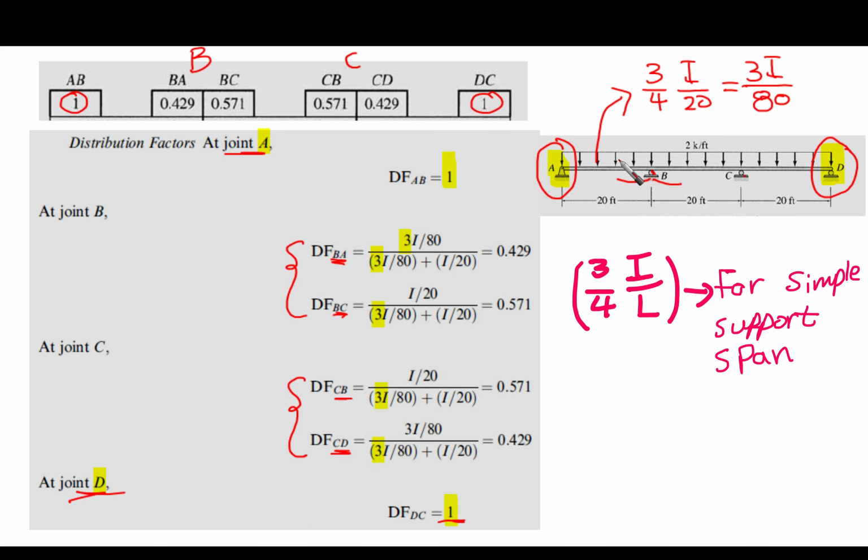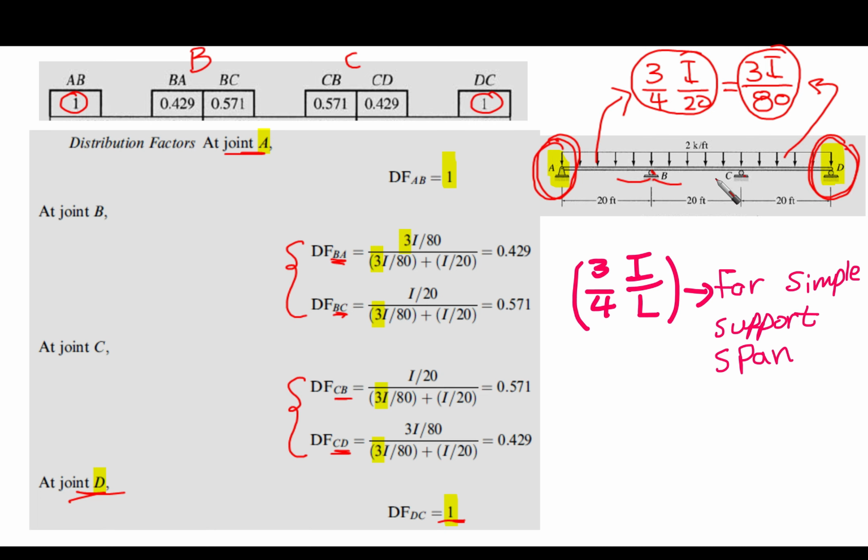This is the relative stiffness of span BA, and it is the same for CD because we have the same span. This is the value for the relative stiffness of the end spans because they are ending with simple supports.